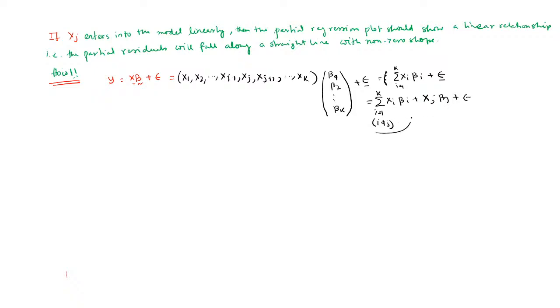And this first part is nothing but X within bracket j, deleting or omitting the jth column, times beta within bracket j, plus xj beta j plus epsilon. So this model can be written like this.